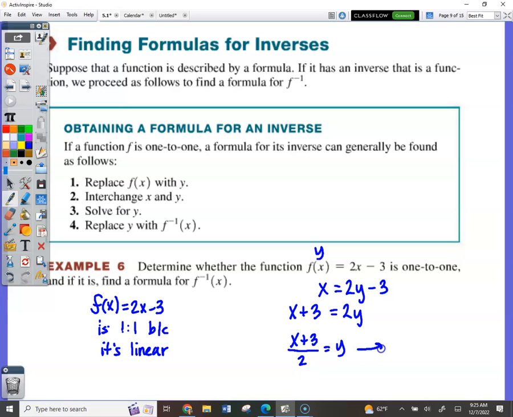So I'm just going to draw an arrow to say, okay, so f inverse of x is x plus 3 over 2. And that is question 8 in your homework.